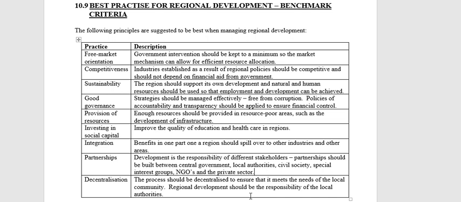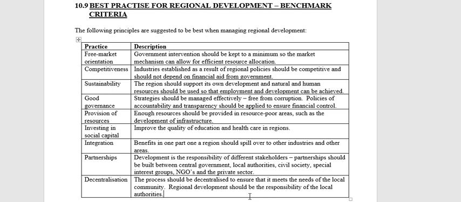And then lastly, decentralization is what we want. Remember, centralization means that all economic activities are concentrated in particular areas. We don't want that. We want economic activities to be spread equally around the country, so the whole process should be decentralized.